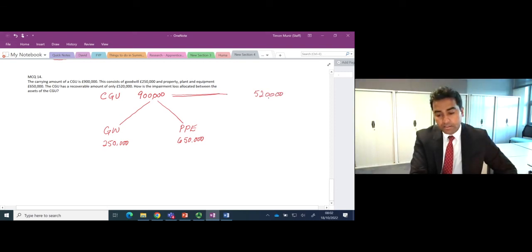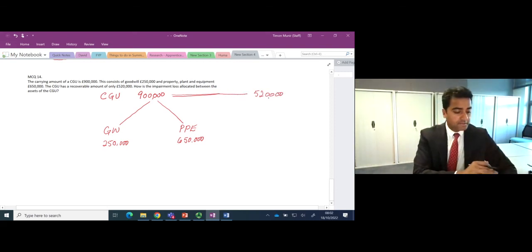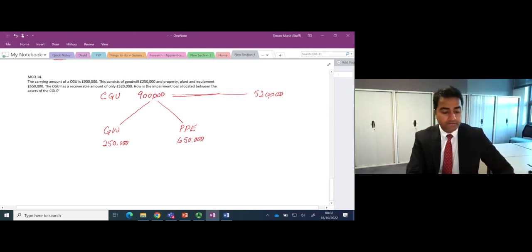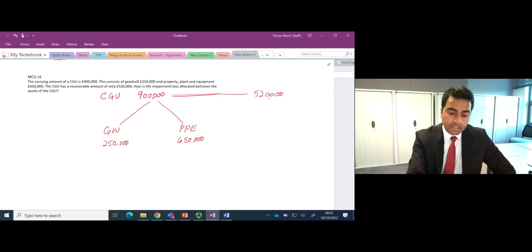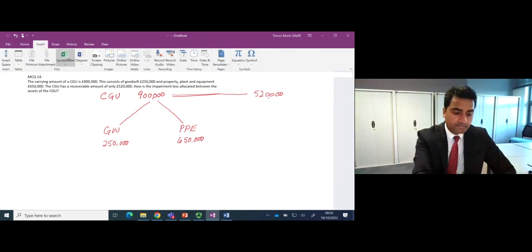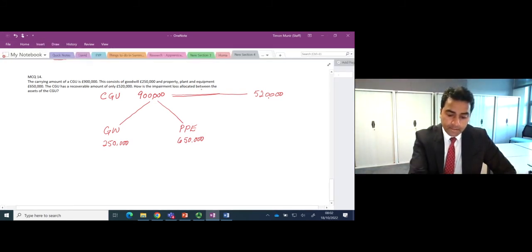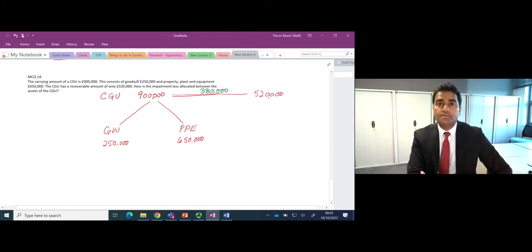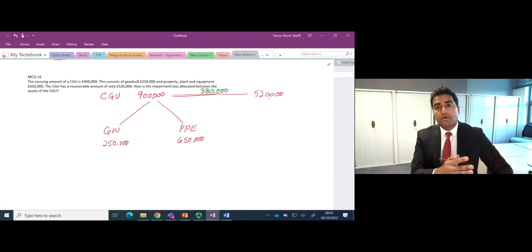Now we need to find out what is the difference between 900 and 520,000 pounds, and that is 380,000 pounds. Means the value of cash generating unit has dropped by 380,000 pounds. Now the question is, how are we going to split this 380,000 pounds between goodwill and the property, plant and equipment?